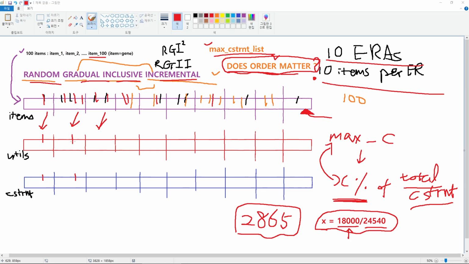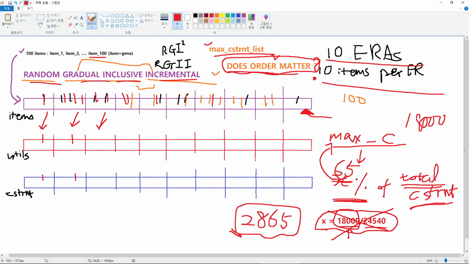And for the next setting, what I did was just set the maximum constraint per era to be 65% of the total constraint of that era, except that the last maximum constraint for the last era is still set to 18,000. Why?